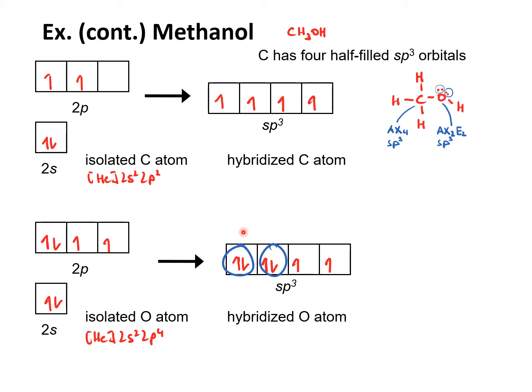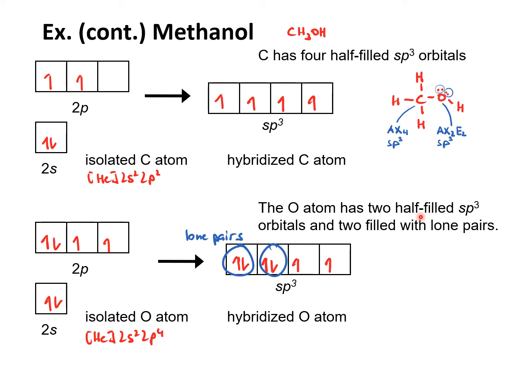And this is where the non-bonding electrons occur, in 2 of the sp3 hybridized orbitals. So those are the lone pairs. And we see that oxygen has 2 half-filled sp3 hybridized orbitals. So these are the half-filled orbitals, and 2 filled orbitals that are the lone pairs on oxygen.